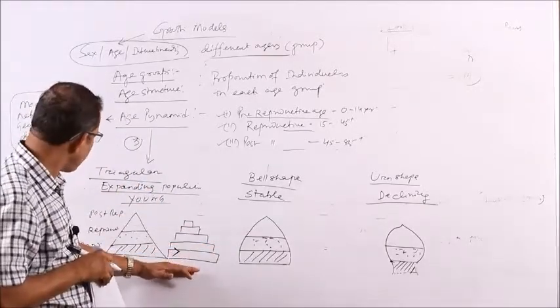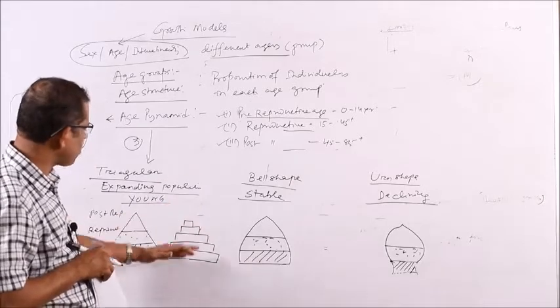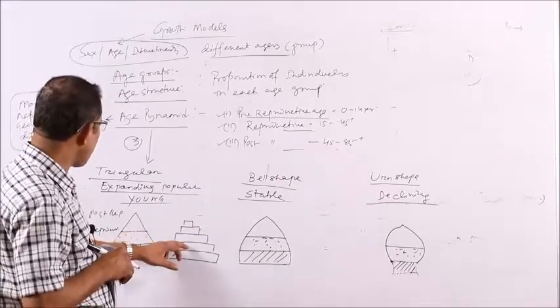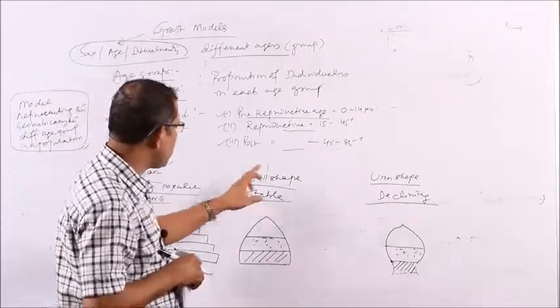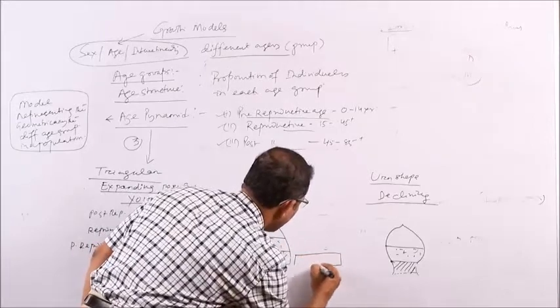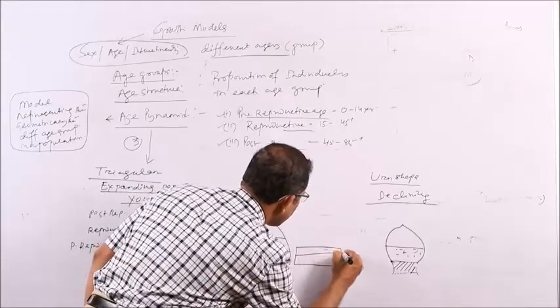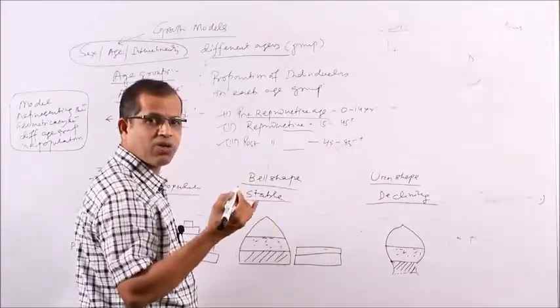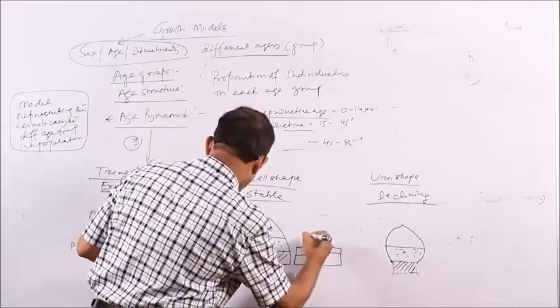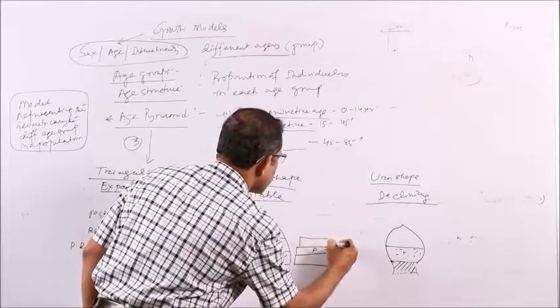When you are moving from the pre-reproductive to the post-reproductive, you are finding the structure is like this. That means the reproductive number is less here. But when you find a stable one, this is very important: the pre-reproductive and the post-reproductive both have the same number. And then you will find it might decrease.